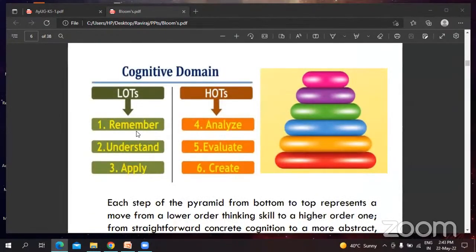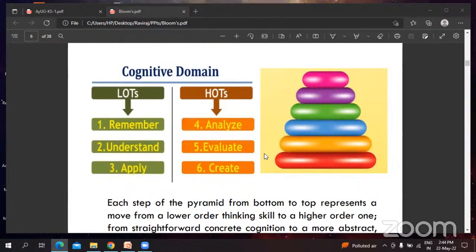So what were the first 3? Remember, understand, and apply. And the top 3 were analyze, evaluate, and create. So we can divide it into 2 separate subdomains.